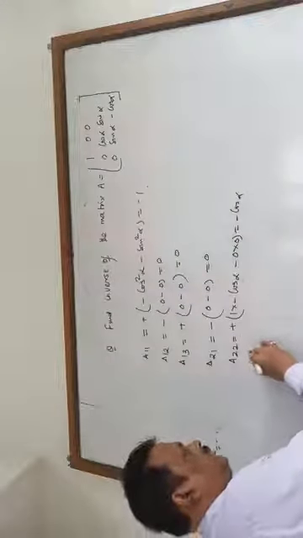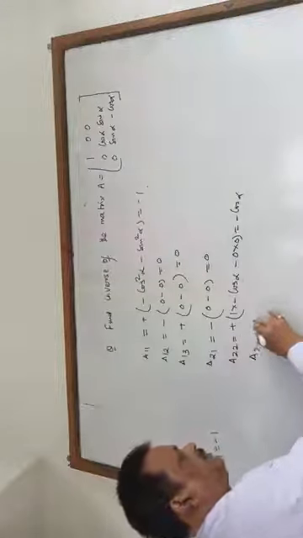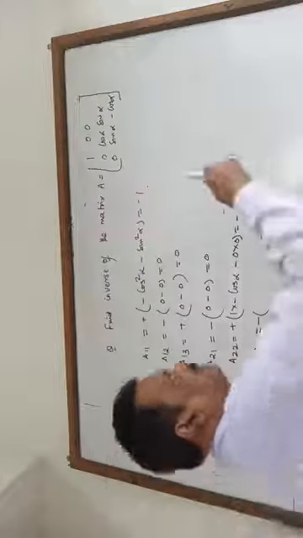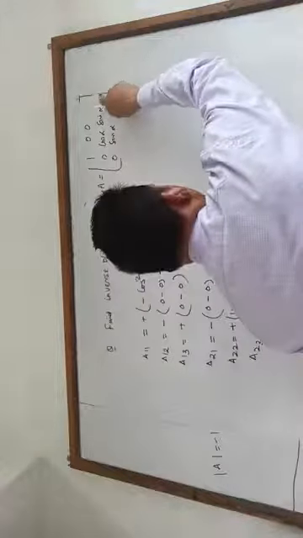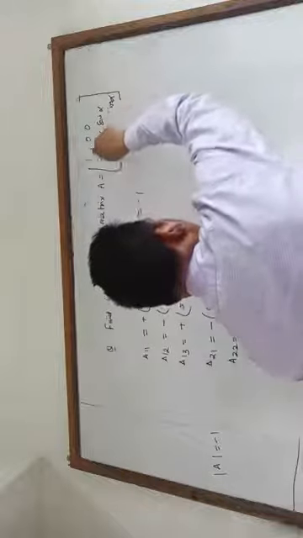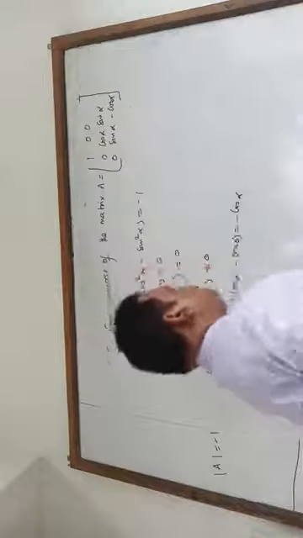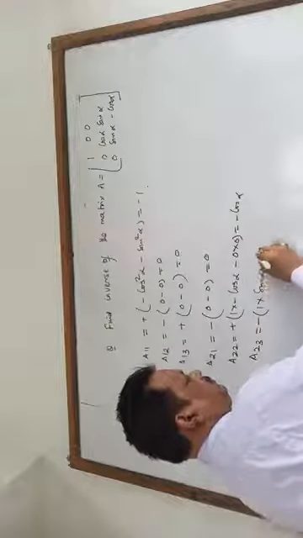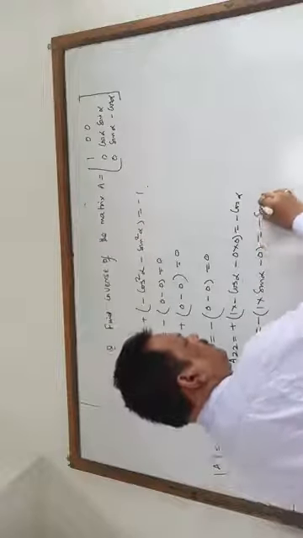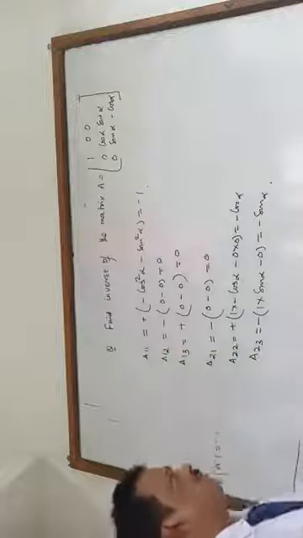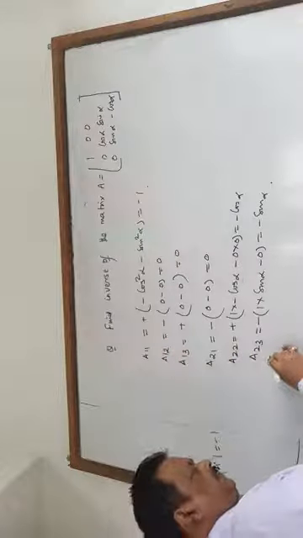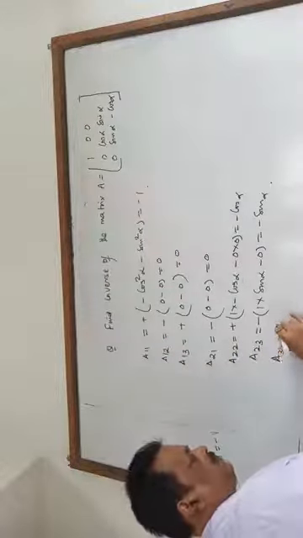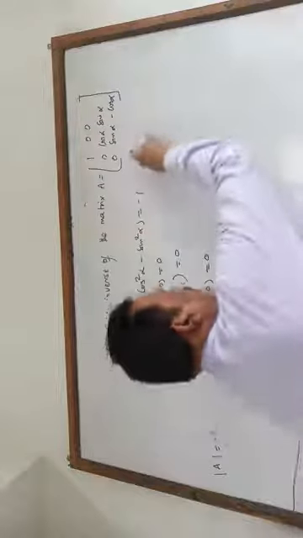A23, minus sign. 2 3 is this place. Forget this line, this line. 1 into sin alpha minus 0. Minus sin alpha. A23 is done. A31. Plus sign. 3 1 is this place.